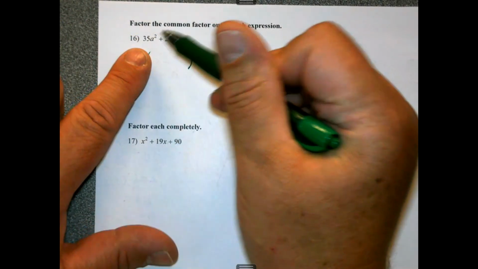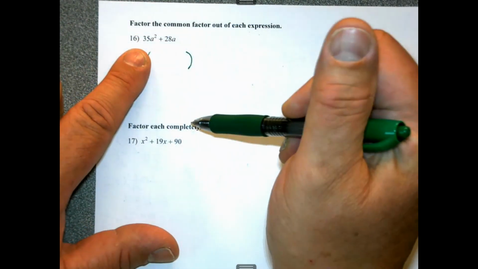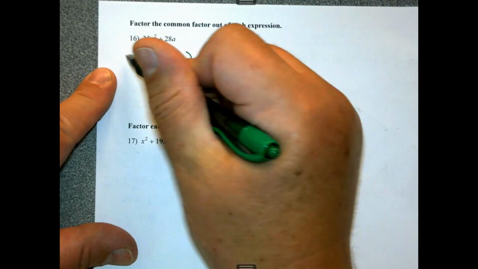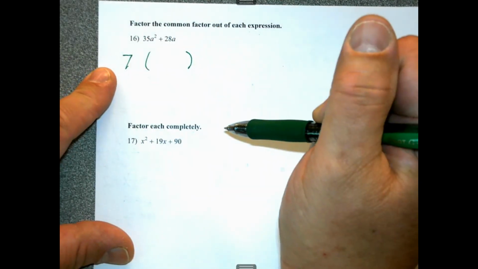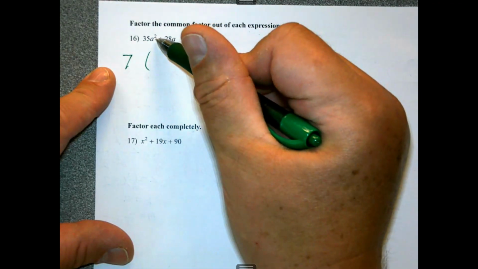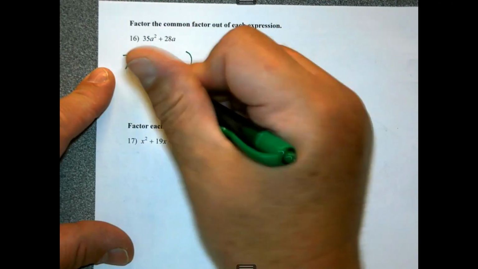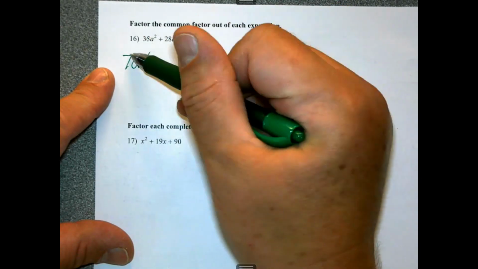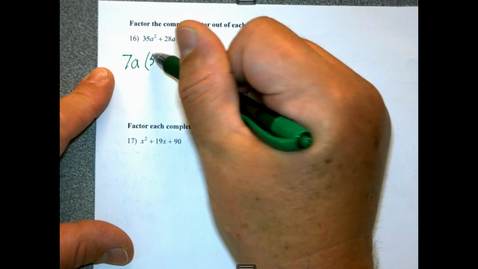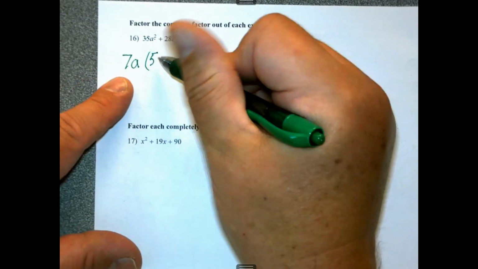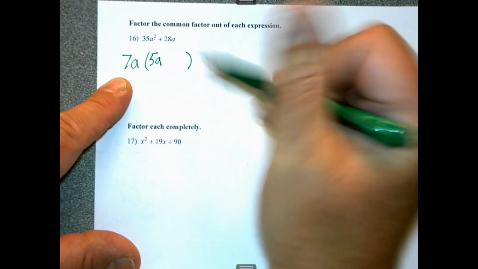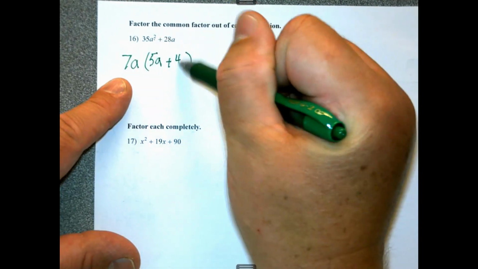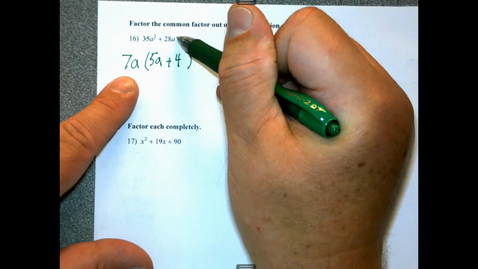I'm going to look at the numbers, 35 and 28. 7, right? I have 2 A's in the first term, 1 A in the second term, so I can take out 1 A. 35 divided by 7, 5. I'm taking out one of the A's, so I have 1 left. 28 divided by 7, 4. And I'm dividing out the A's, so I'm done.